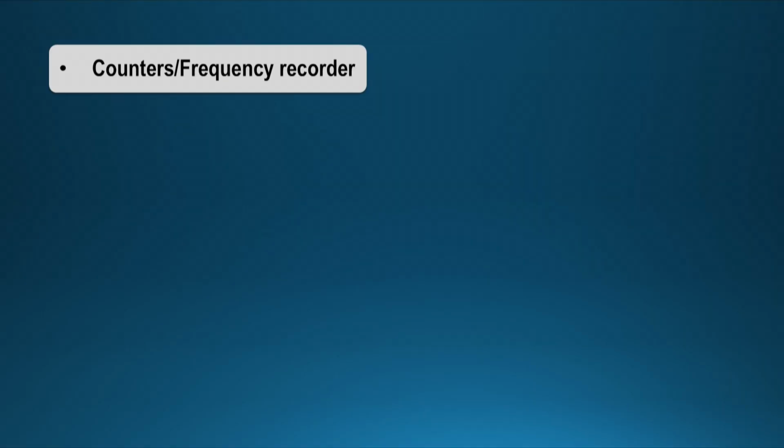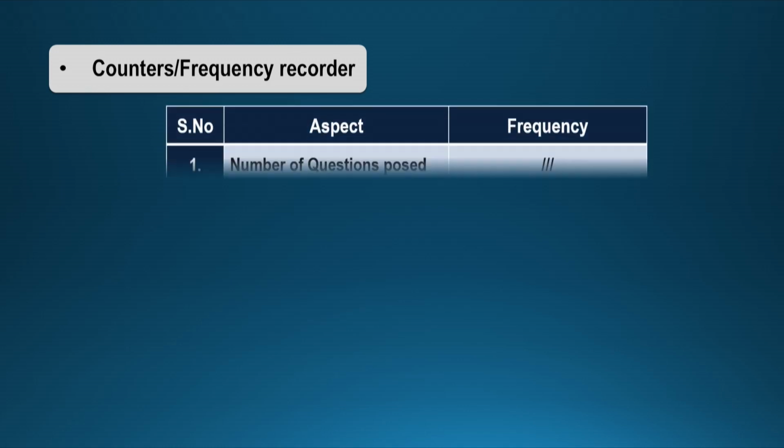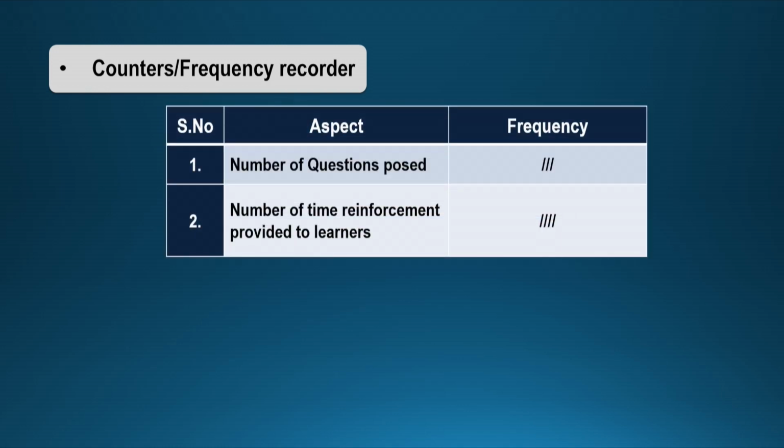Observer can use counters and frequency recorders. Now, if you are interested in finding out how many questions are posed by the teacher in a class, then you need to sit in the class and observe the teacher for 45 minutes or 50 minutes, the class time, and you need to go on recording, putting a frequency mark as the teacher poses a question.